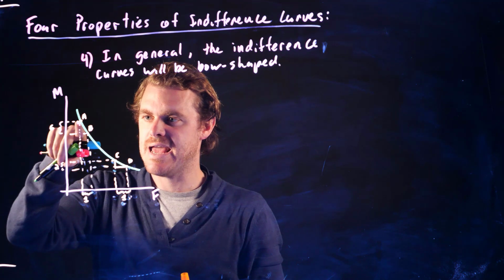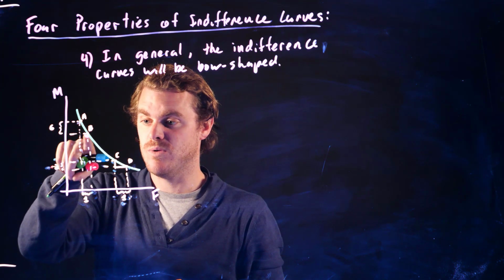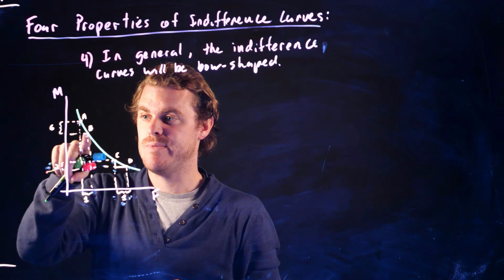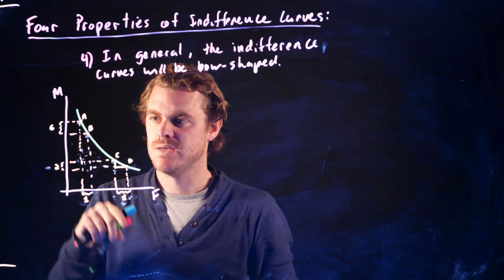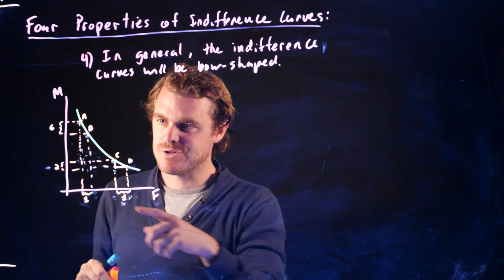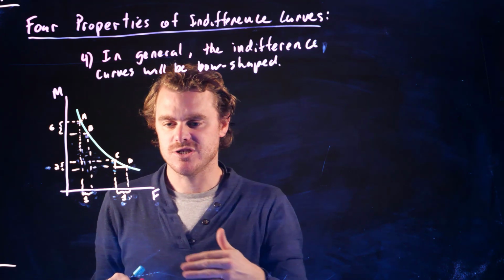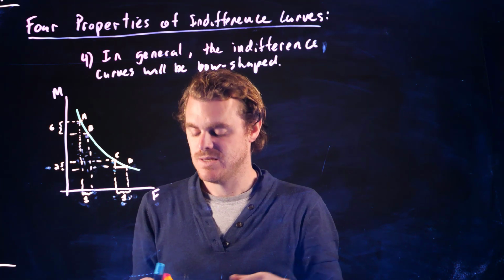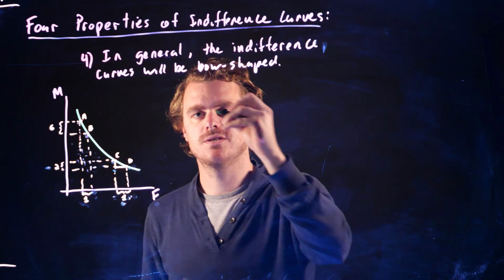Or if we were at point A and we wanted to consume 1 more fish, we'd be willing to give up 6 mangoes to consume that 1 more fish. So it's capturing the fact that the marginal utility of consumption is changing between these goods. And in particular, the slope is often called the marginal rate of substitution.